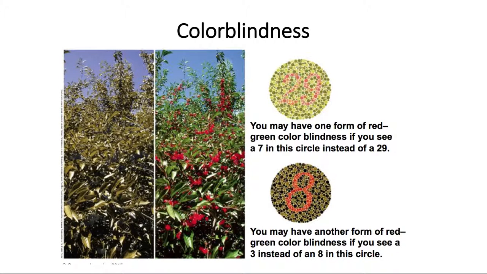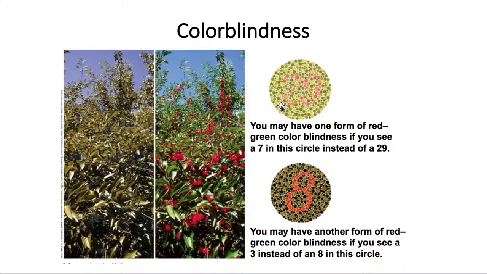Here is one of the most common ones. This is color blindness. The image on the right is what a person with normal vision will see. The image on the left is what a person with red-green color blindness would see. These numbers here are parts of a standardized test that is used to diagnose color blindness. There's actually 38 circles that are part of the test, and these are 2.